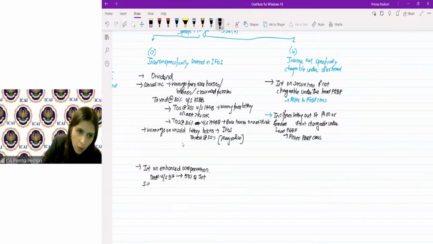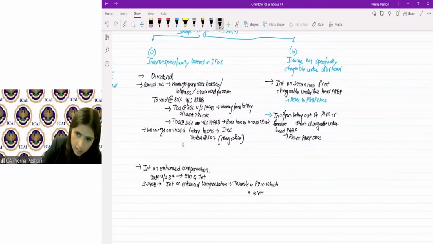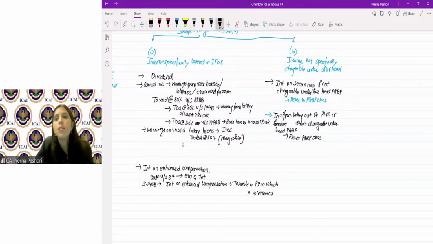As per section 145B, interest on enhanced compensation is taxable in the previous year in which it is received. Taxable in the previous year in which it is received. Yes, student, is it clear? Yes or no? Yeah.